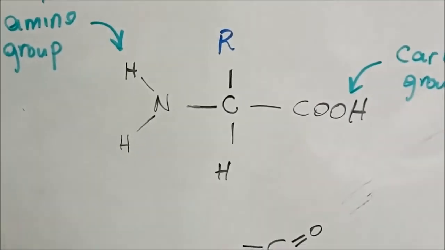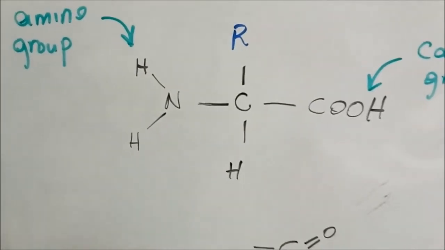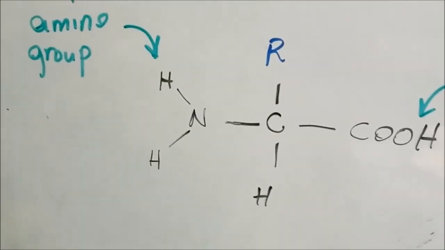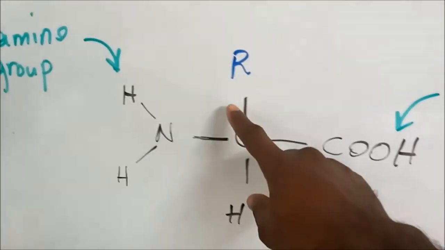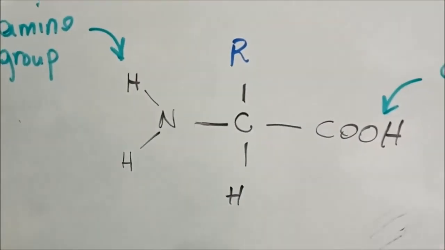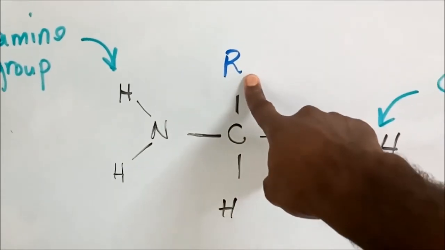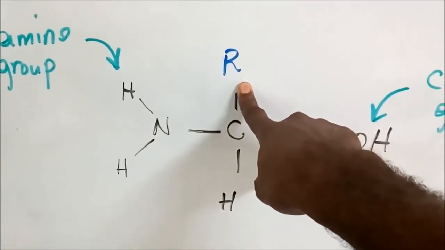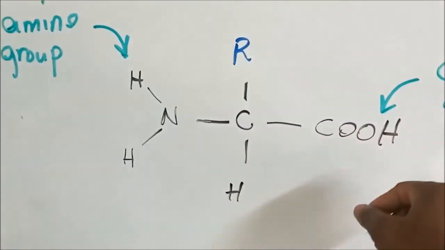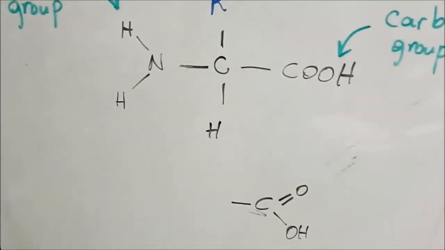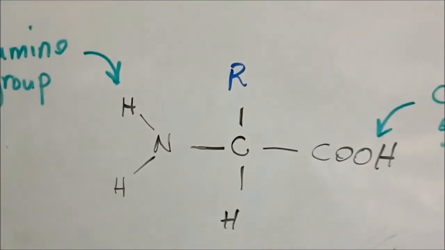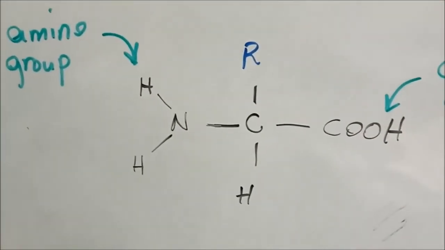One more thing to note in reference to the primary structure is that you have many different amino acids. Good. And the identity of the amino acid is really determined by the R group. We'll get further into that as we progress, but suffice it to say that each amino acid is not exactly the same.